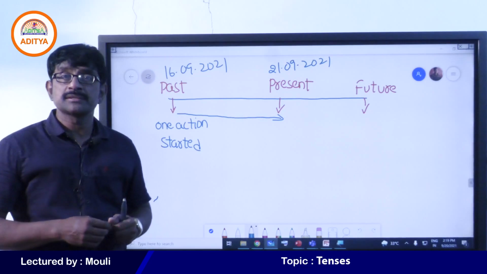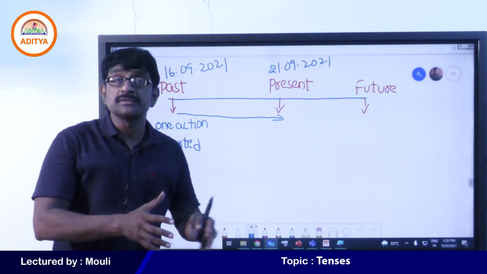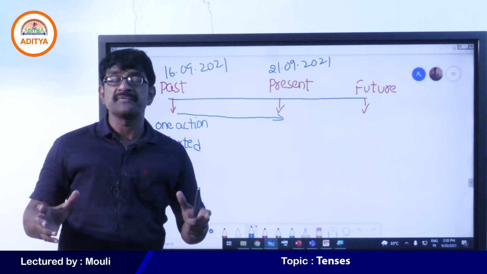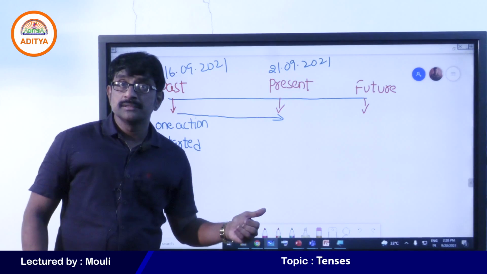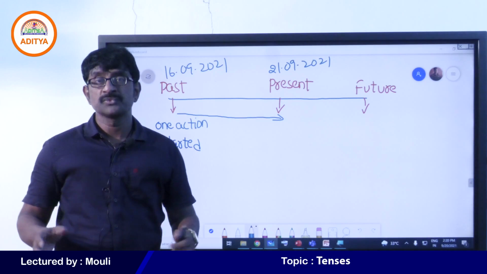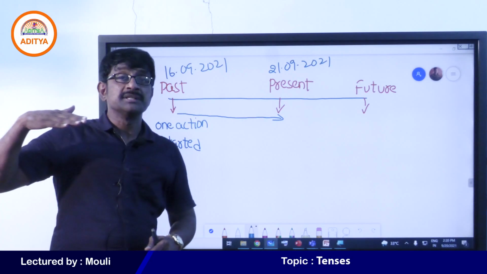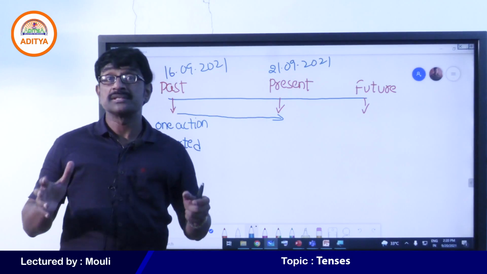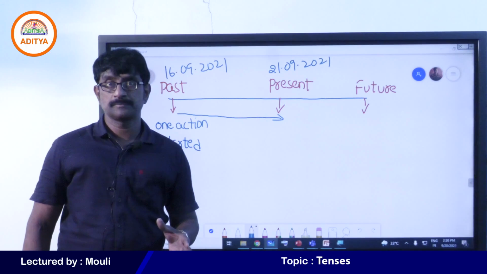In perfect tense, it starts and ends in the past, but we should not mention the time with the perfect tense unnecessarily. Whereas when you go with present perfect continuous tense, it begins in the past and it continues at the time we mention it. That is the speciality of present perfect continuous tense.